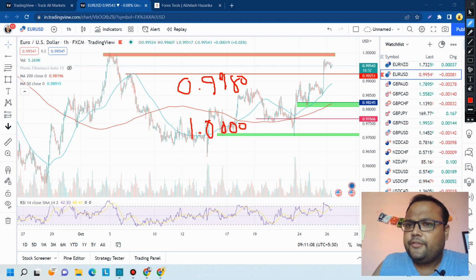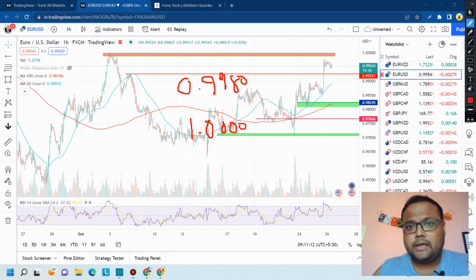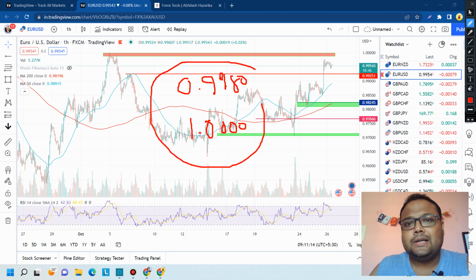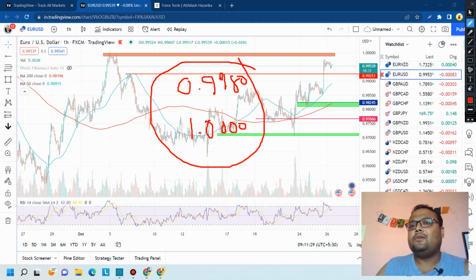If EUR/USD starts going up from here, then observe the market around this level. If there is not much craziness, not much volatility on the chart of DXY, then definitely EUR/USD will be reversing from this level. You'll see some profit booking on the chart of EUR/USD around this level.